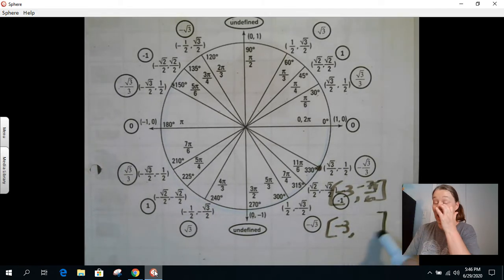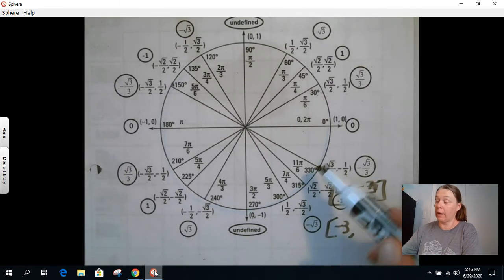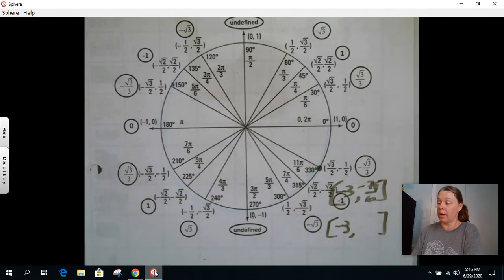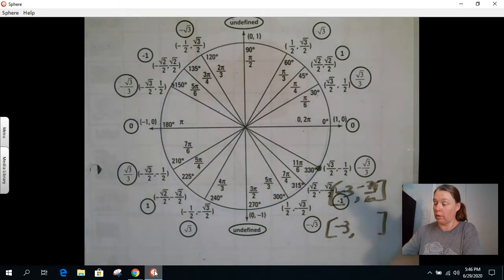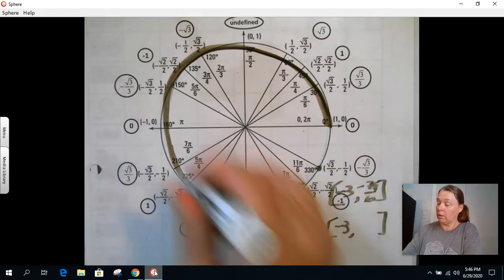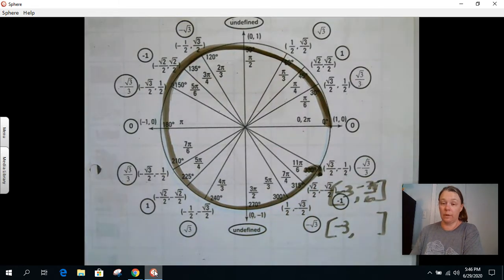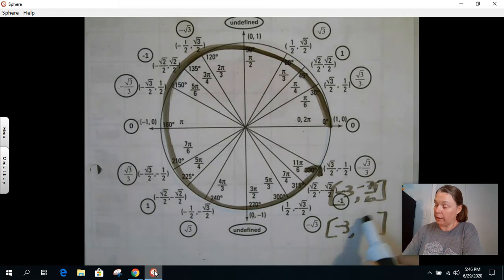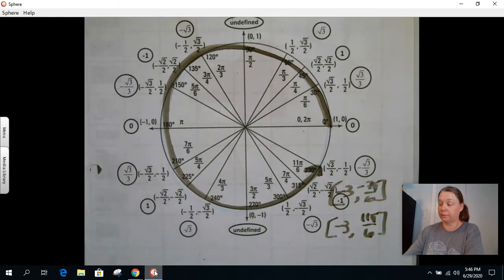So then I'm going to have another negative radius. Now, what if I had a positive angle? Instead of going backwards, what could I have done instead? I could have gone positive, right? So I could have done negative 3 and 11 pi over 6.